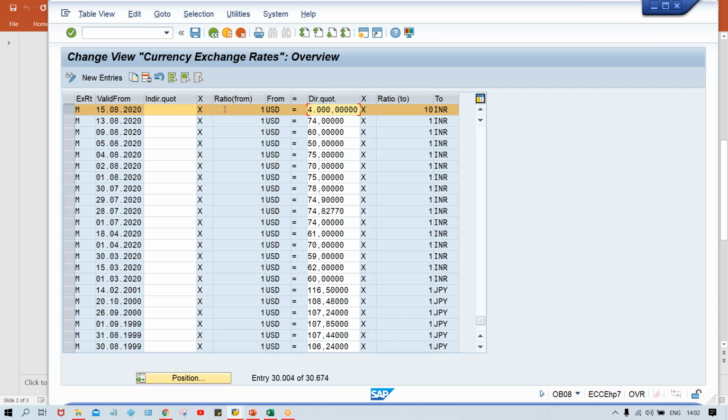And there is one more thing here called indirect quotations. What is the difference between direct quotations and indirect quotations? In which case are we going to specify the rate under direct quotations, and in which case under indirect quotations? Very unique explanations I'm going to give, guys. Once again, I'll quote an example so that you will have a perfect understanding.